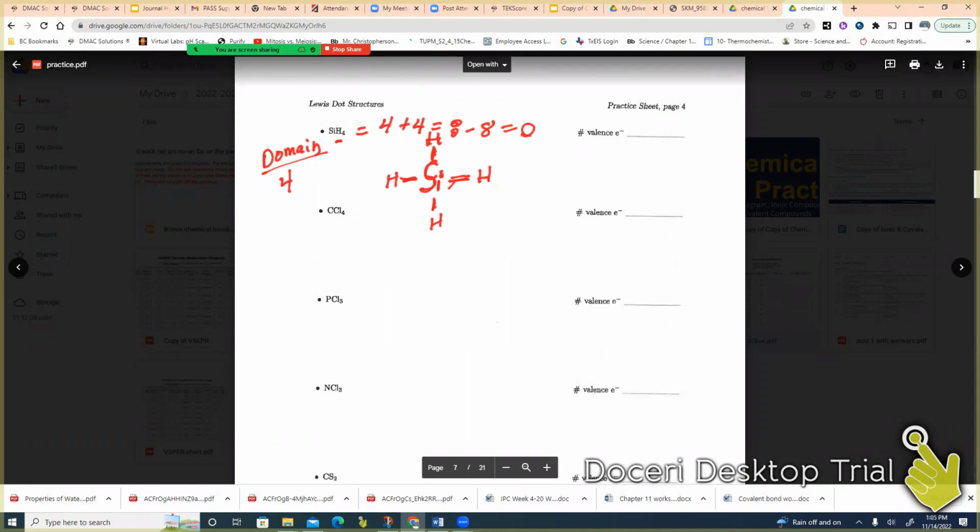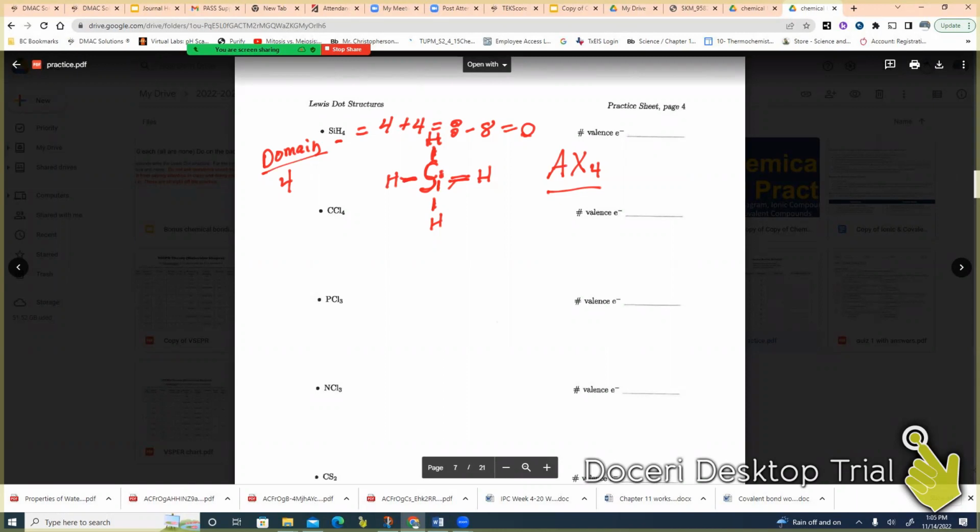So my next thing that I need to do is I need to make my generic formula. So I have my central atom A. I have X, and there's 4 things bonded. So that would be X with a 4, and there are no lone electron pairs. So once I figure that out, now I'm ready to come and look on my chart and match that one up. Tetrahedral, exactly.